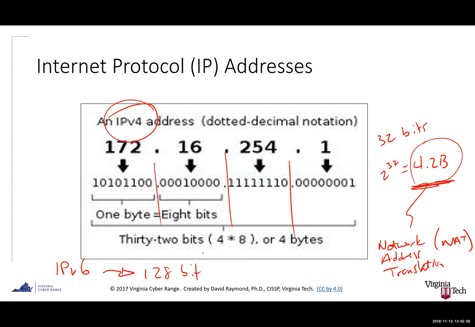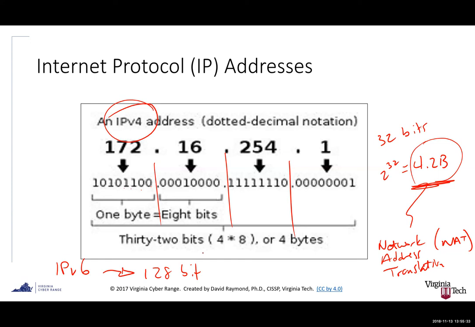So now you're talking about 2 to the 128, and they say that the number of IP addresses in the IPv6 address space is more than all the stars in the universe, or more than all the grains of sand on Earth. So lots of room for expansion if we get into using IPv6.